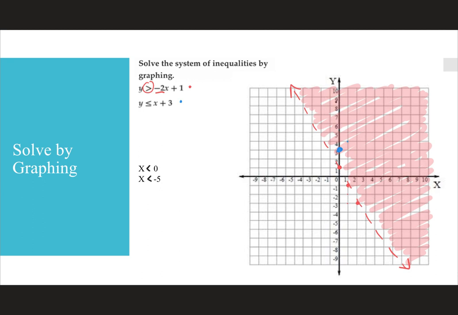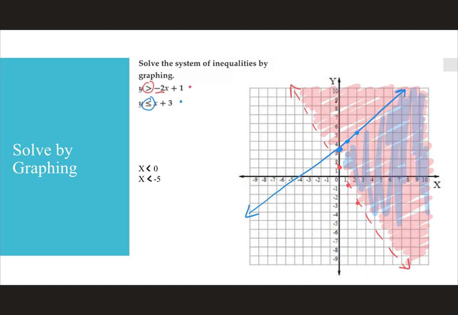So up 1 over 1, up 1 over 1. And this is a less than or equal to symbol, so we have a solid line. Okay, try again. Much better. And because it's less than, I'm going to shade underneath.